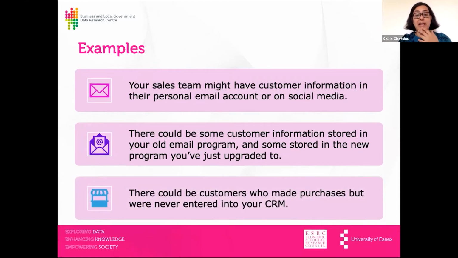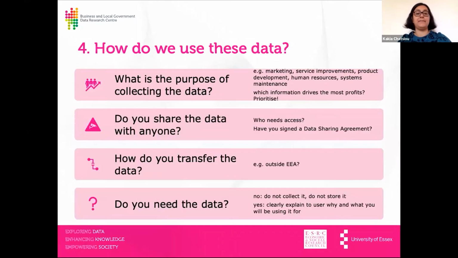Or there could be customers who made purchases, but they were never entered in a system. So again, maybe they are stored in paper forms, or maybe they're stored in emails. So again, knowing that information exists separately from the rest of your systems is important, because you can then address this and improve the way you are collecting and organizing it.